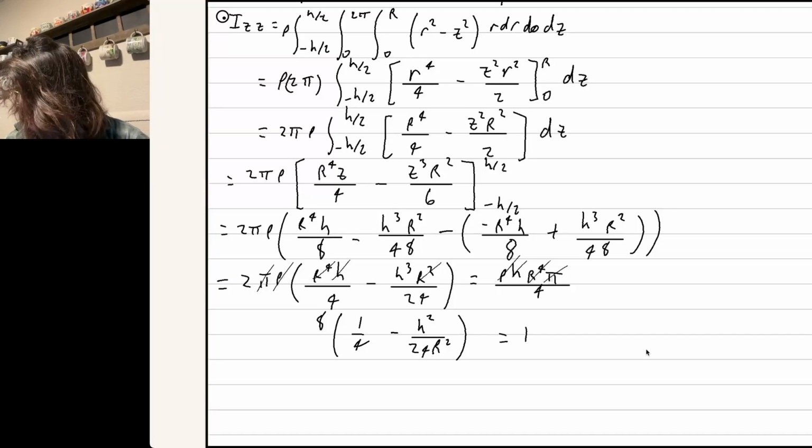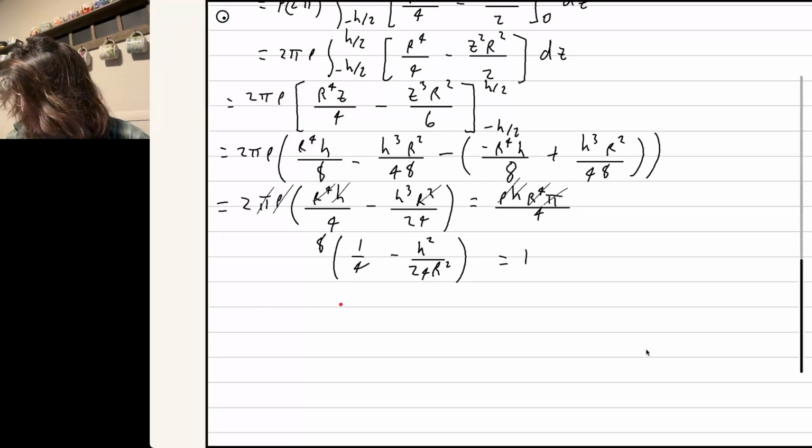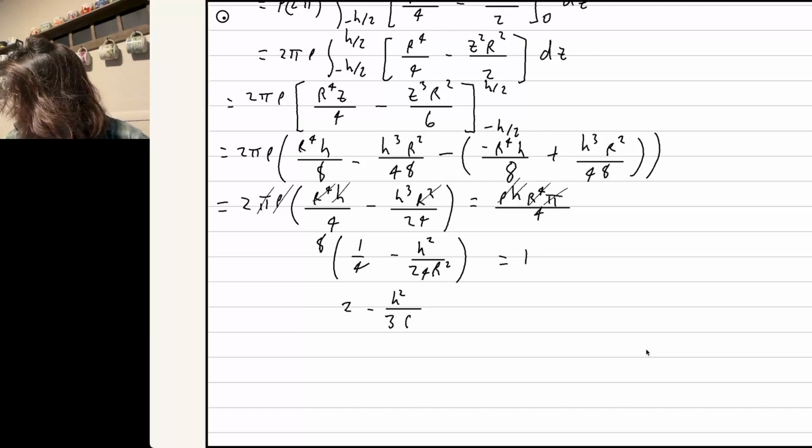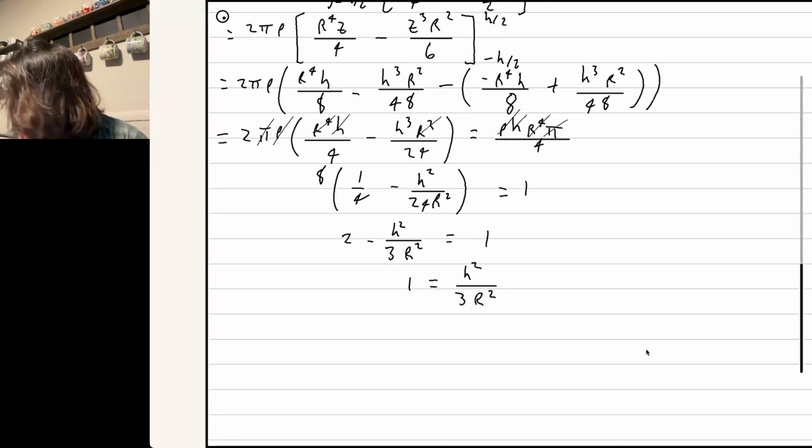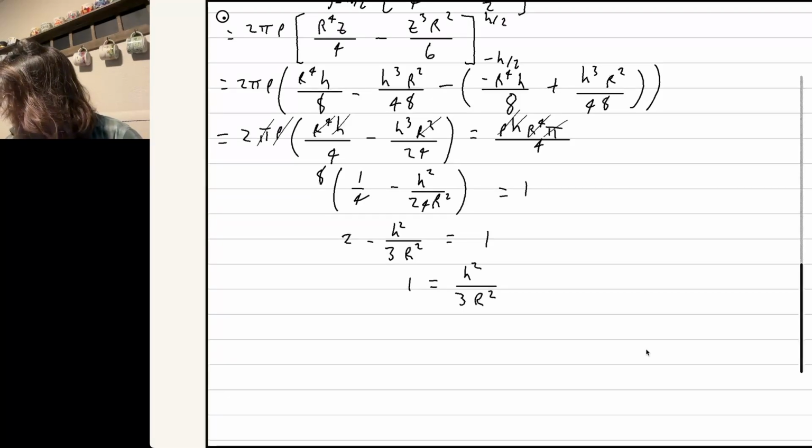All right. I'll factor that 8 through, so we're talking about 2 minus h squared over 3r squared is 1. And then put the h squared over r squared on the other side, so it's 1 equals h squared over 3r squared. Multiply the equation by 3 and then take a square root.